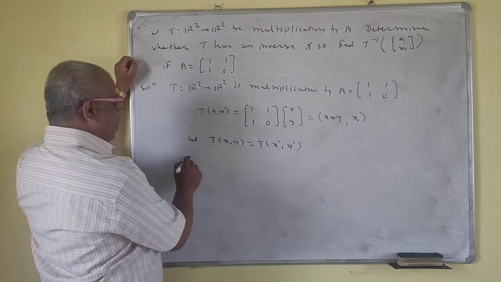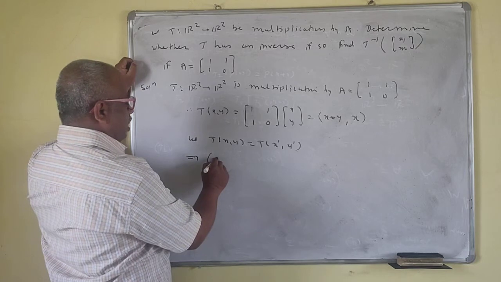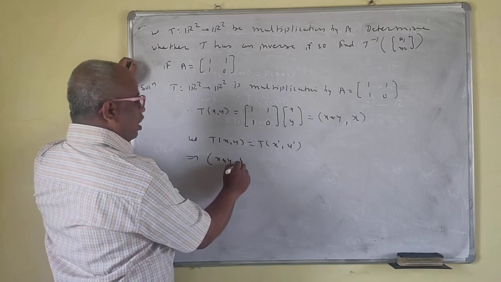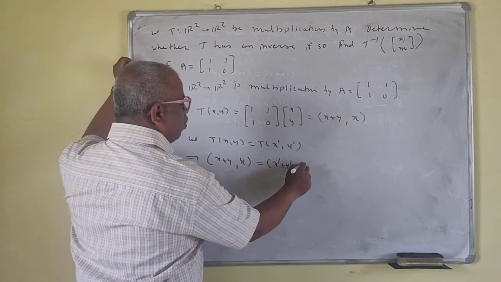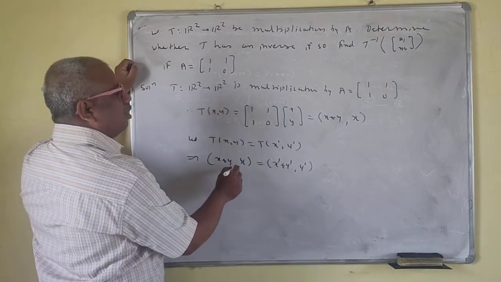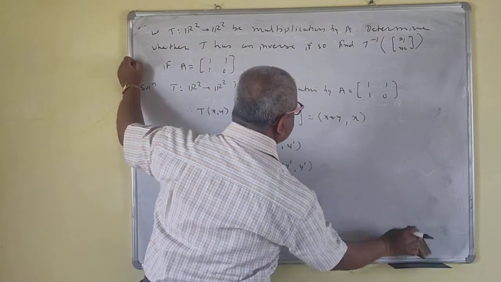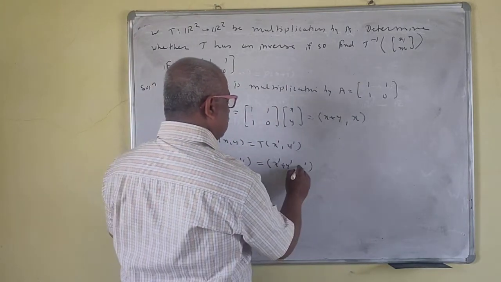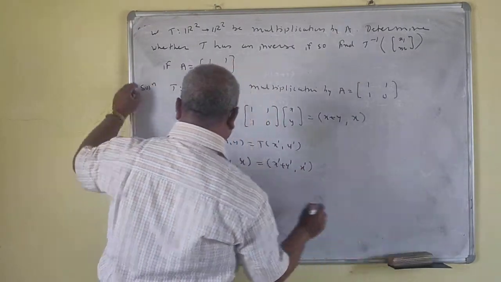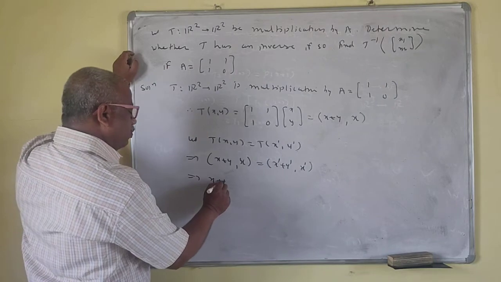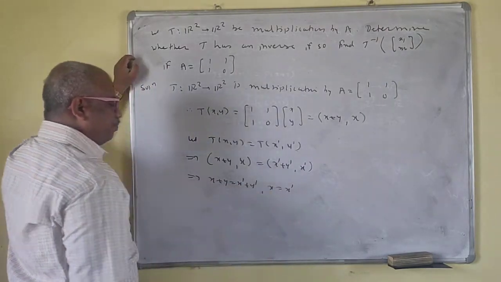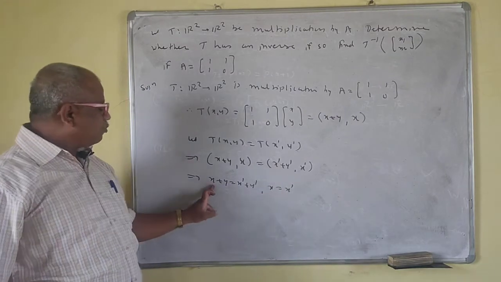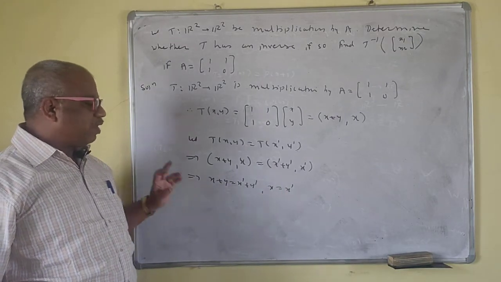Okay, so what is T of (x, y)? It is (x plus y, x). And T of (x', y') is (x' plus y', x'). So this implies that x plus y is equal to x' plus y', and x is the same as x'. If x is the same as x', it gets cancelled, so y is the same as y'.